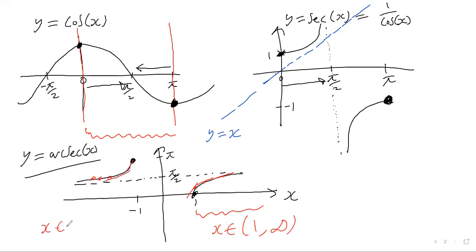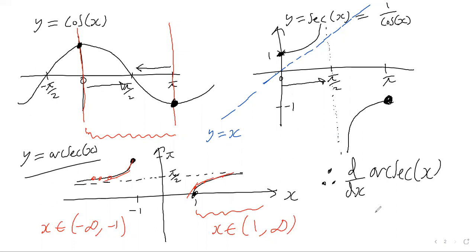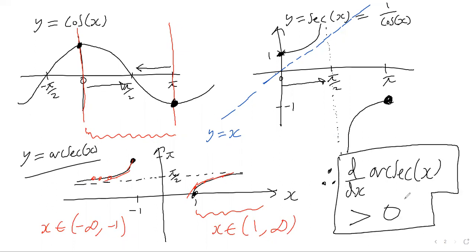When x is between minus infinity and minus 1, again, we get positive gradients. So what we can conclude from this sketch is that d by dx of arcsec of x must be greater than 0. That is a fact we've got to bear in mind when we calculate this derivative. It must be greater than 0 for all values of x in the domain.